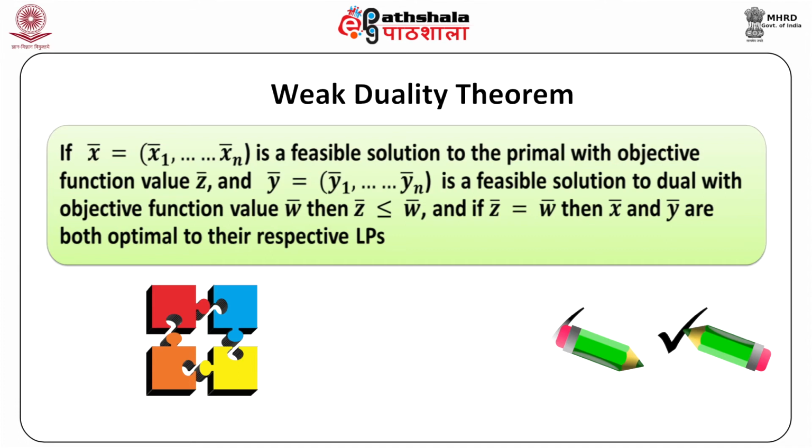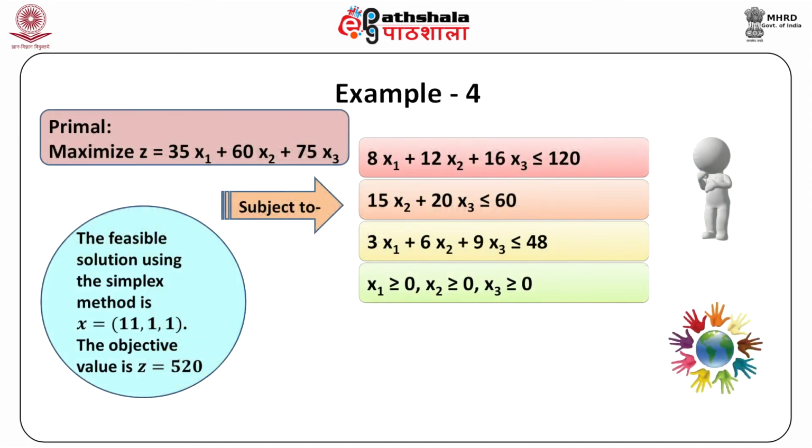Example primal problem: maximize z = 35x1 + 60x2 + 75x3 subject to 8x1 + 12x2 + 16x3 ≤ 120, 15x2 + 20x3 ≤ 60, 3x1 + 6x2 + 9x3 ≤ 48, and x1, x2, x3 all ≥ 0.